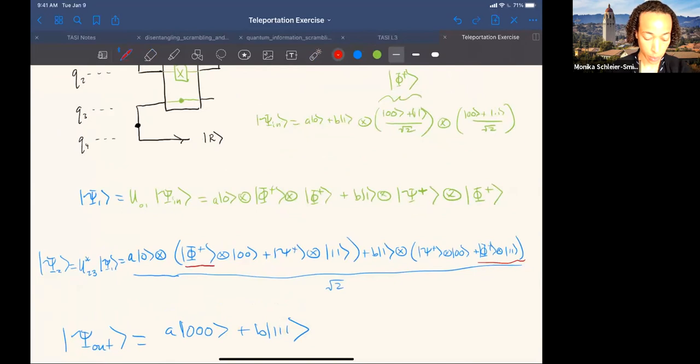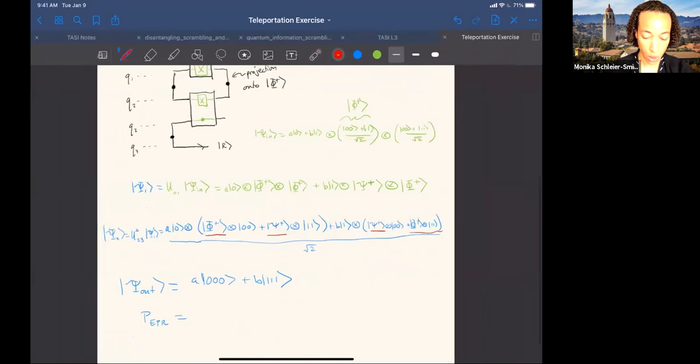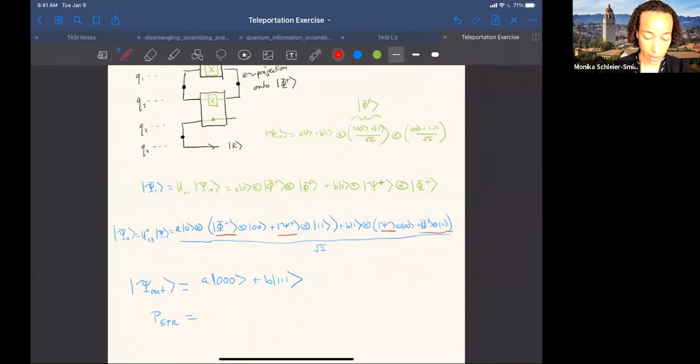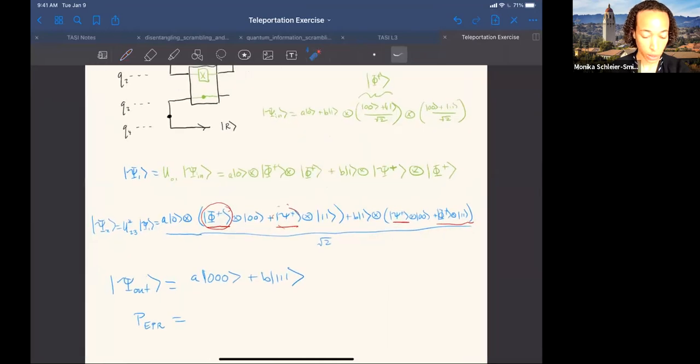So the part that we're projecting is this one. And so with 50% probability, we get phi plus. The other half of the time, we're going to get psi plus, which is an orthogonal state. And the same thing if Alice's qubit is in the 1 state. So you can see from the structure, from the symmetry, that the probability that we will project onto the EPR state is a half.